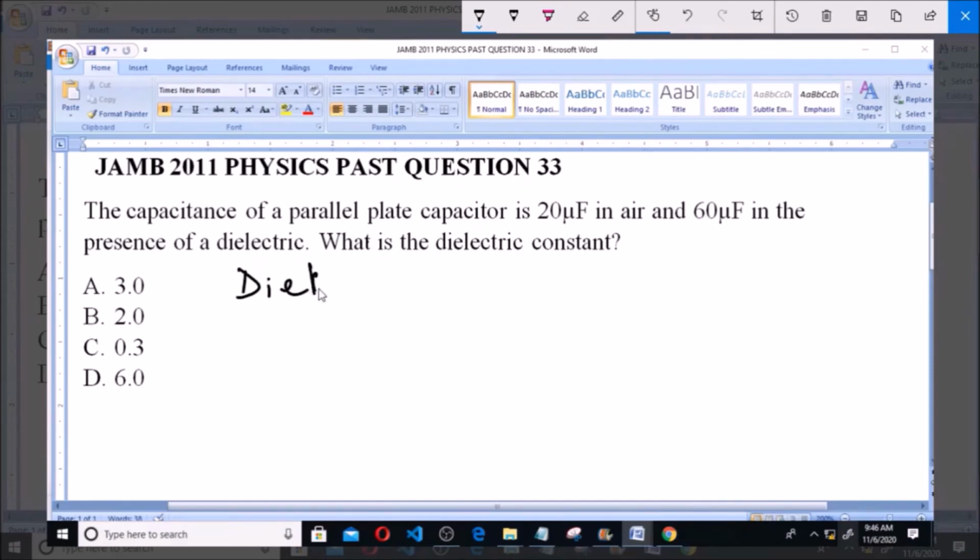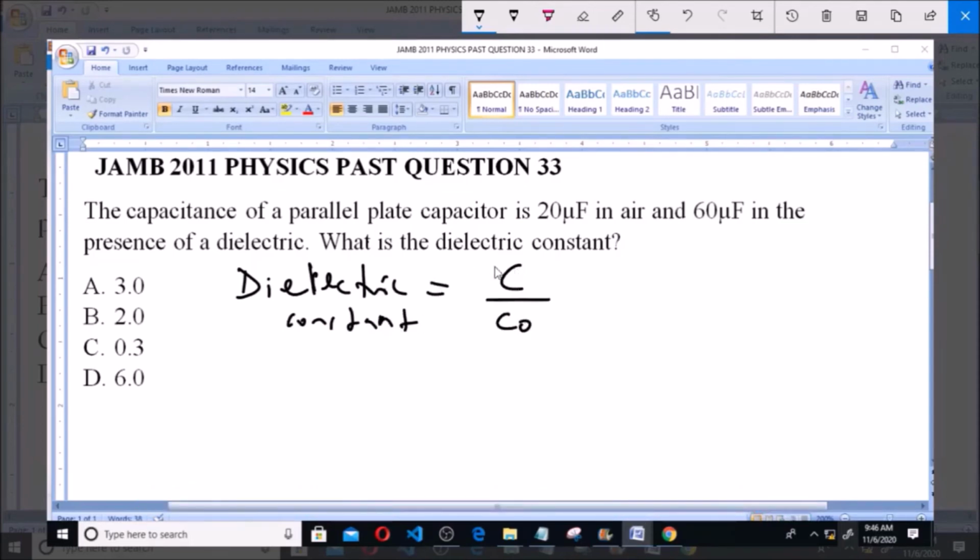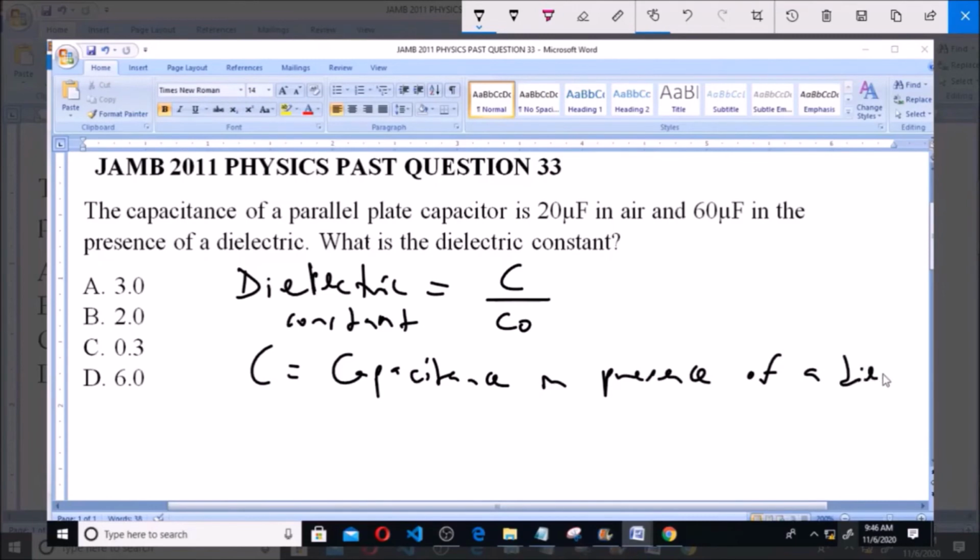The dielectric constant is equal to C over C naught, where C is the capacitance in the presence of a dielectric, and C naught is the capacitance in air.